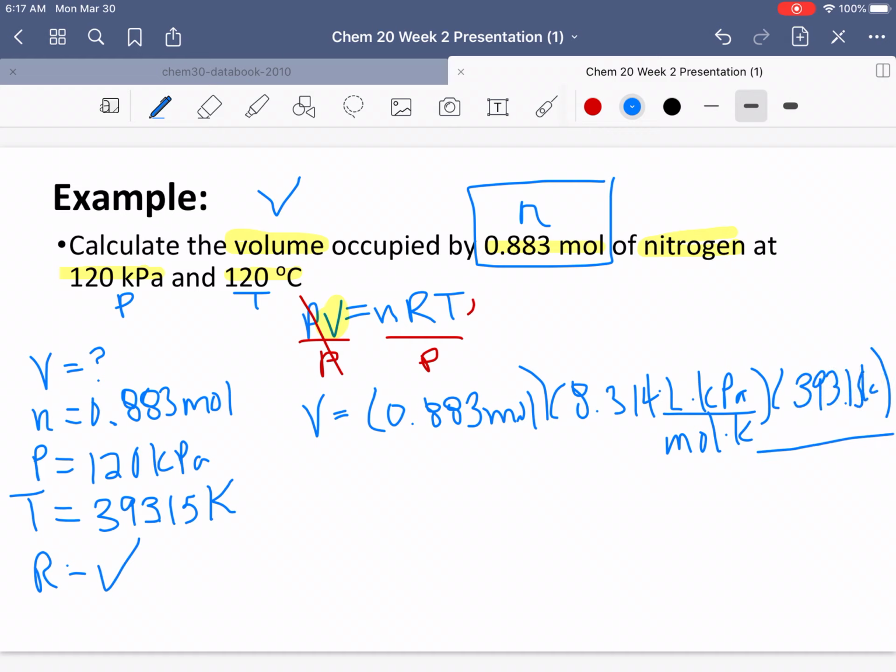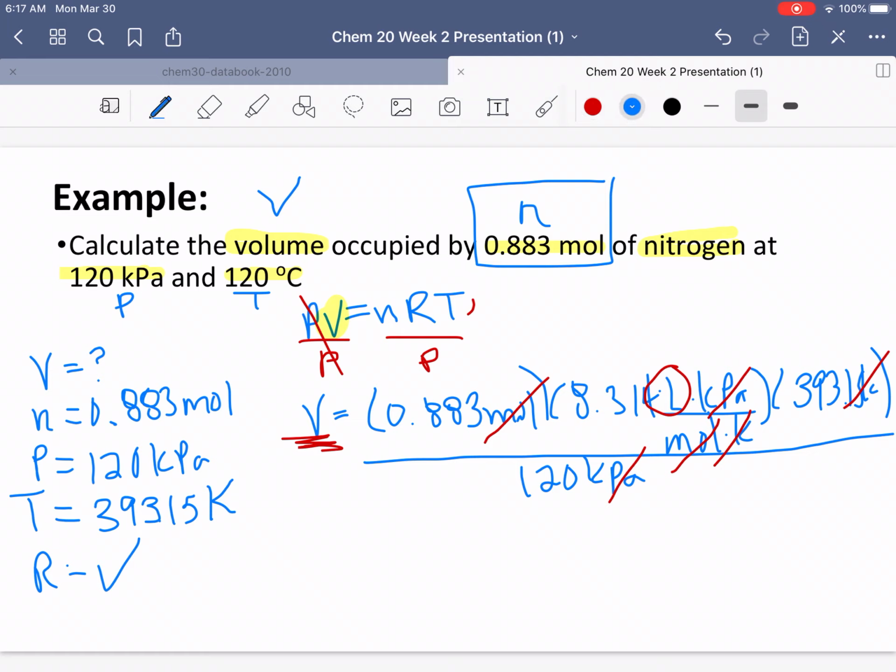Remember, that whole thing gets divided by our pressure, 120 kilopascals. I keep emphasizing this, and I will keep on doing it. Cross out the units. Make sure things make sense. Moles are canceled out, kilopascals are gone, Kelvin's gone, left with liters, which makes sense because you're looking for liters.